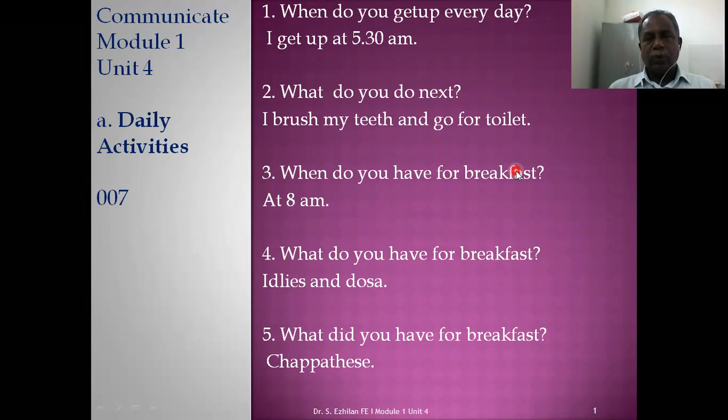So when you want to converse in English, you need to understand how to raise a question and how to answer the question. When someone is raising a question, try to observe keenly, understand what they are expecting, think it over and respond within a few seconds.